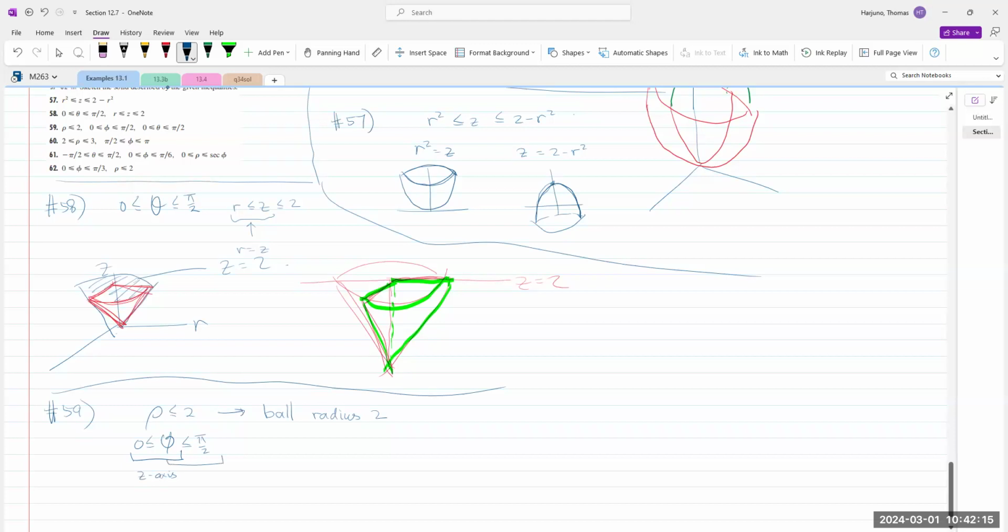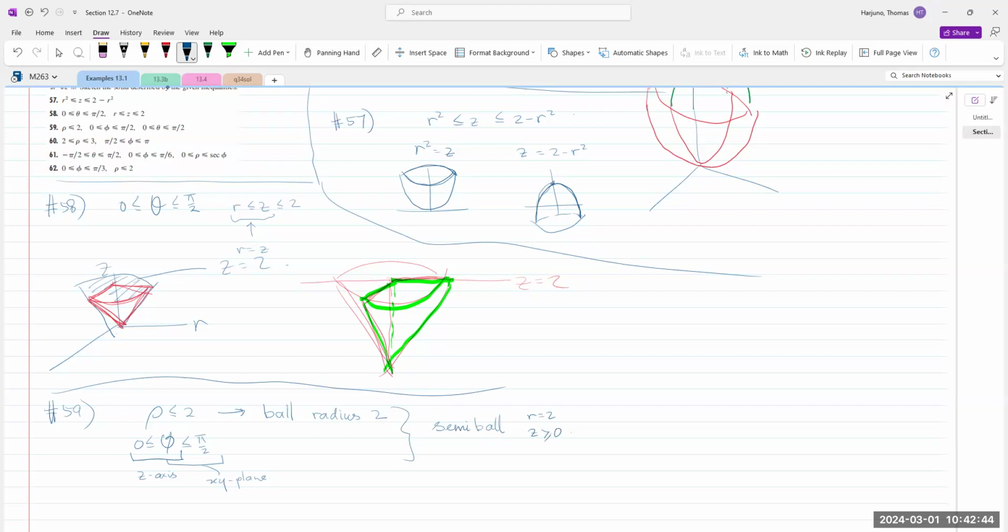And phi equals pi over 2 is the xy plane. So you will see that's a ball with radius 2, but it is on the top part. Okay, that's a semi-ball. I don't know if we have anything like that. So it's a half ball, where the radius is 2, but z is positive, or at least 0.